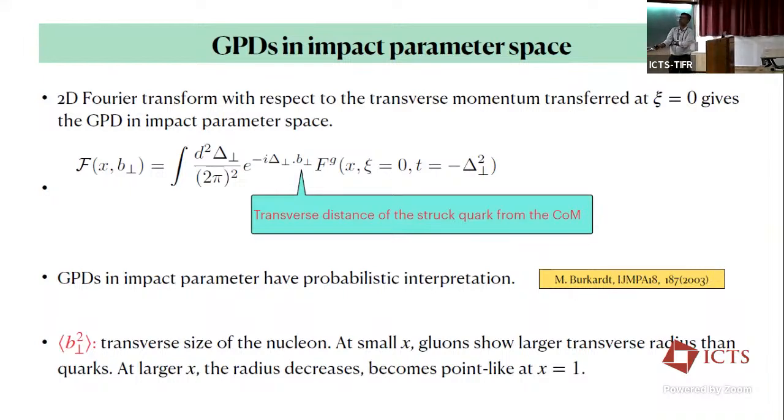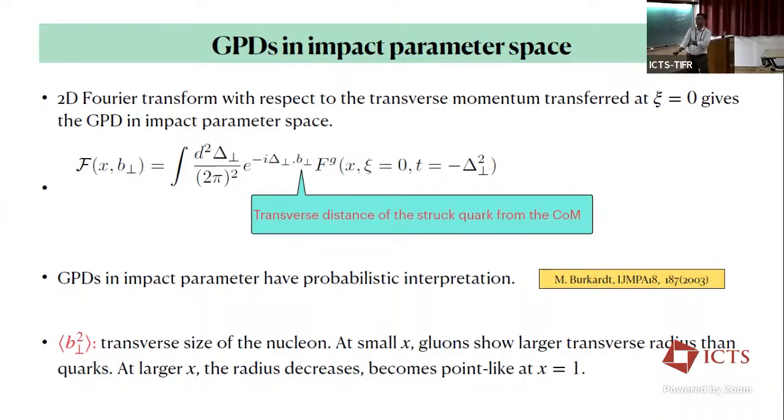If you take the Fourier transform with respect to the momentum transferred and the skewness xi is equal to 0, only then can you have the probabilistic interpretation for these GPDs. And this b perp here gives you the transverse distance of the struck quark from the center of momentum.